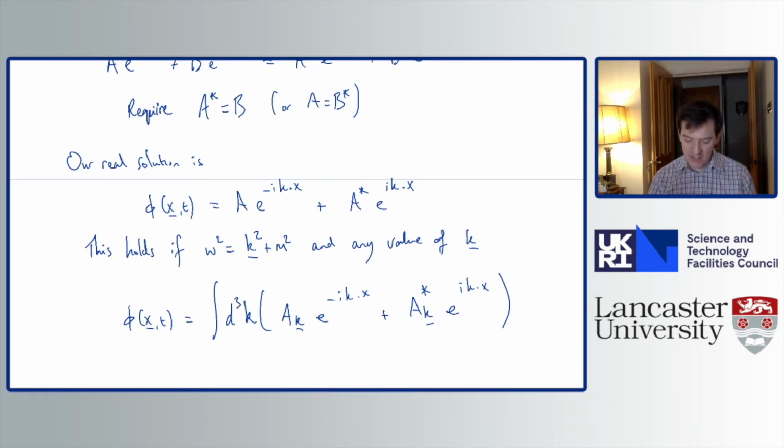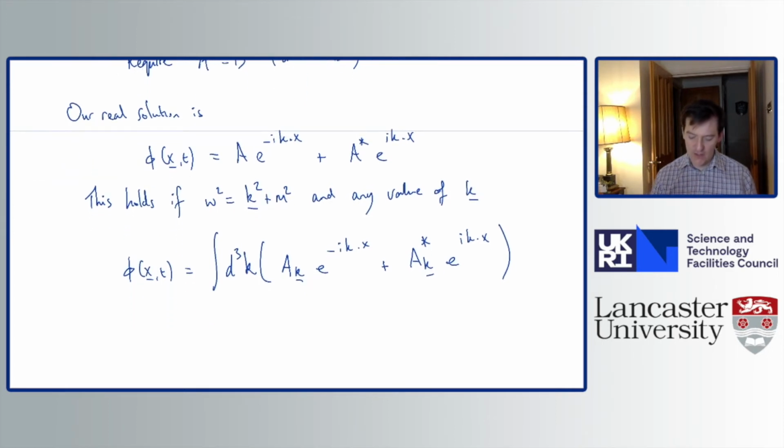Now there's a choice you can make here as to how you parameterize your coefficients. So there's various conventions in use in the literature. Let me tell you the convention that I'm going to use for my solutions. So I'm going to write, let's measure this d3k bit as d3k over 2 pi cubed and 1 over root 2 omega k.